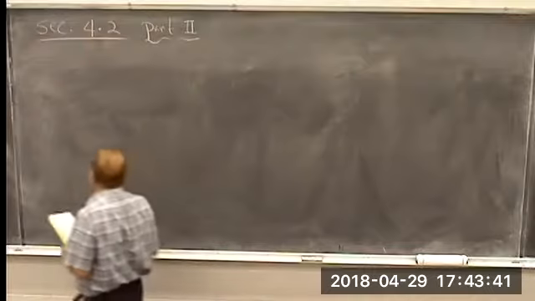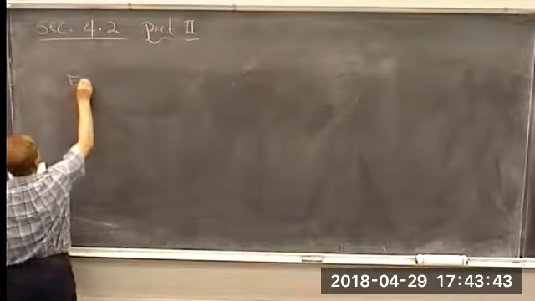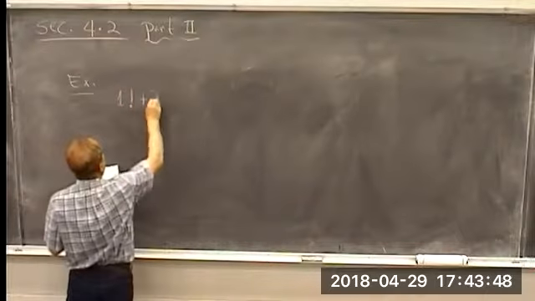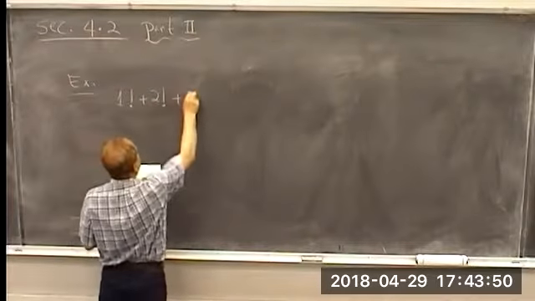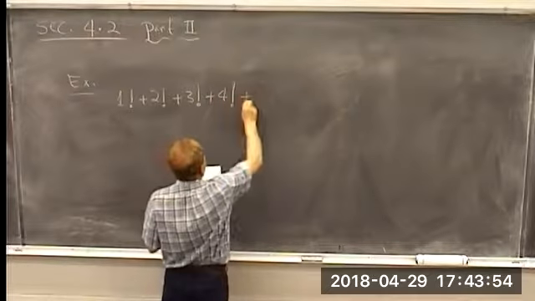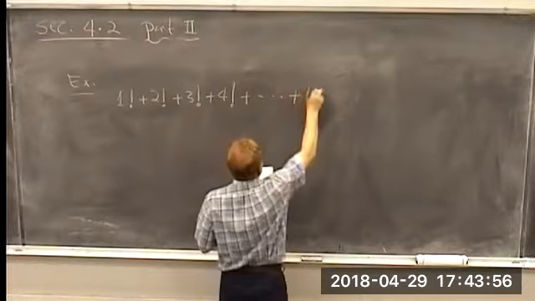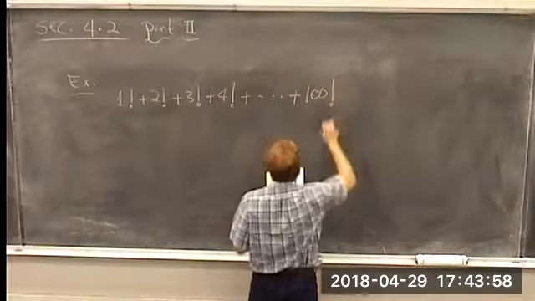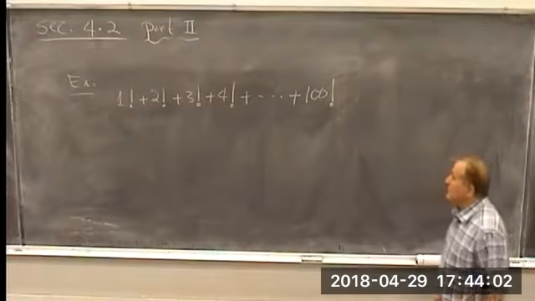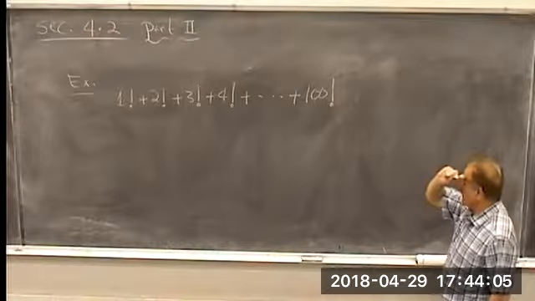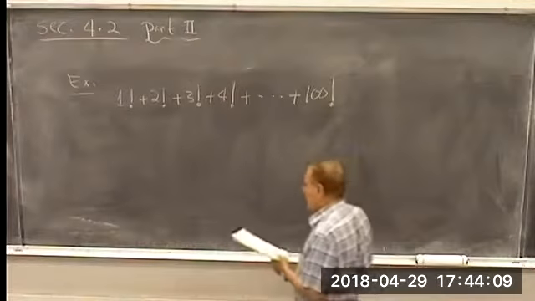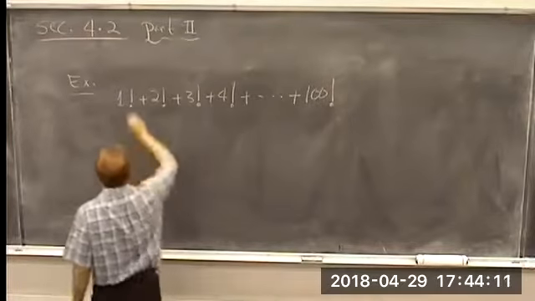The number is 1 factorial plus 2 factorial plus 3 factorial and so on up to 100 factorial. Even if you try this in your calculator, it's going to scream. 100 factorial is a very, very, very big number. So we need to find the remainder.